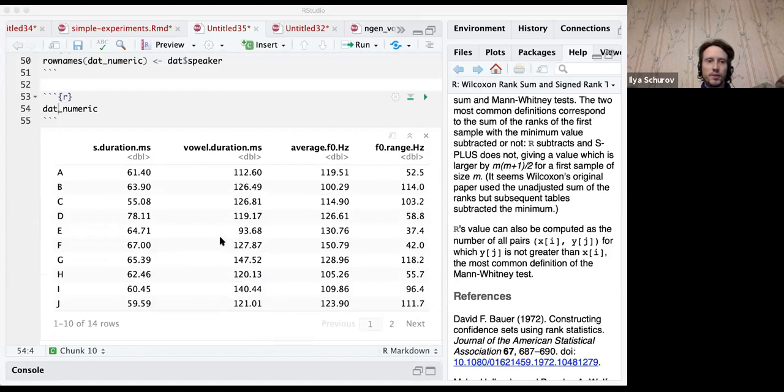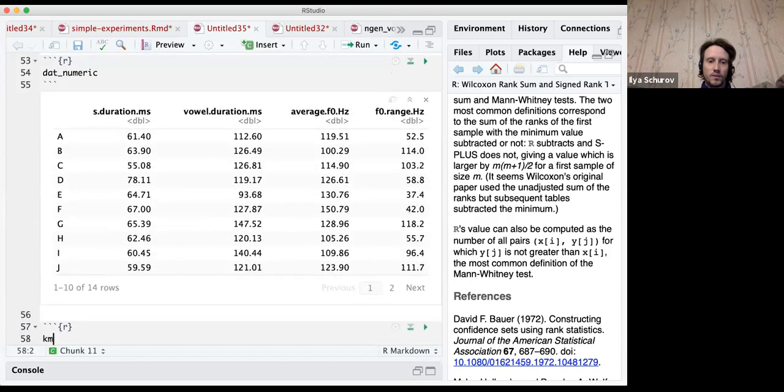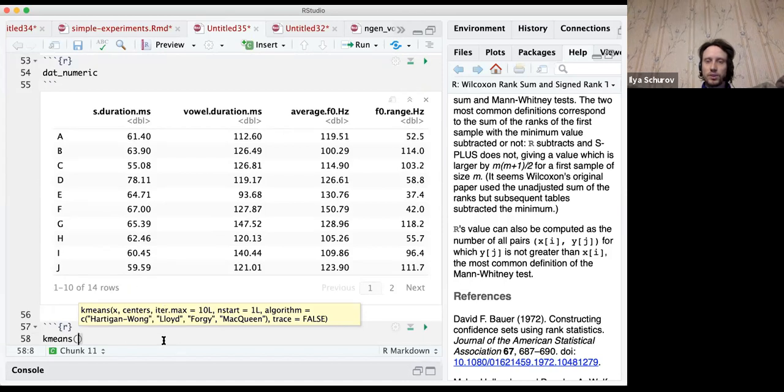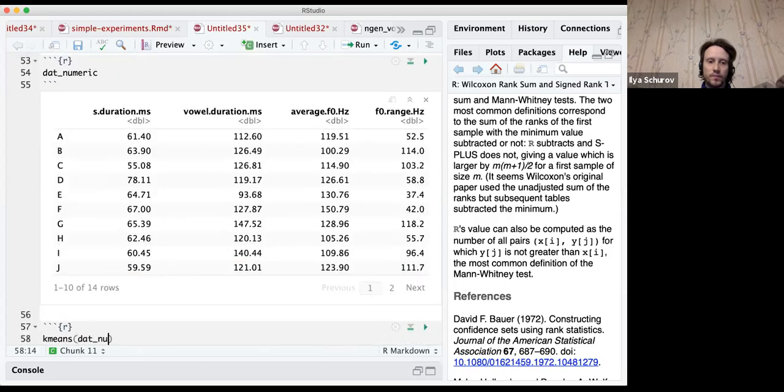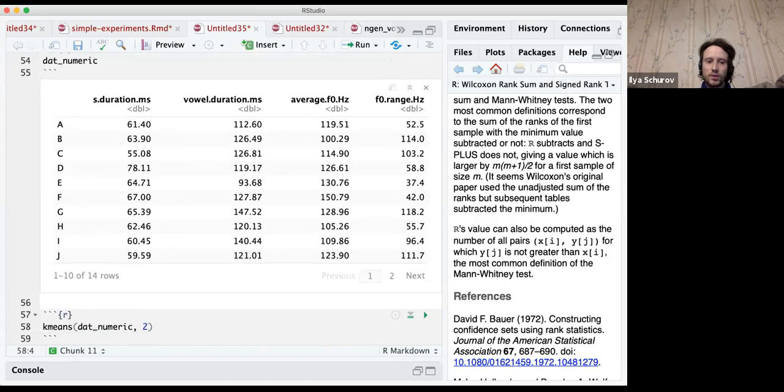Let us try with K-means. So it is already implemented in R, and we have to provide our data. And then we have to provide the number of clusters. For example, I want to consider 2 clusters.